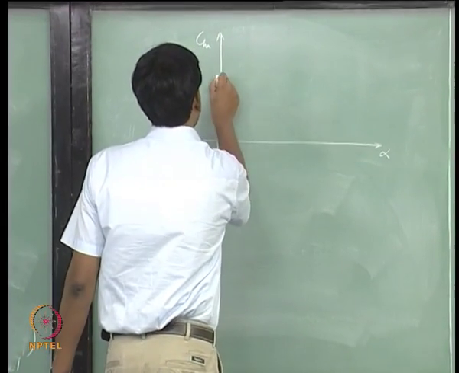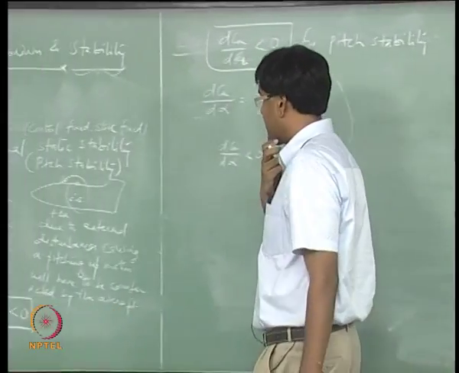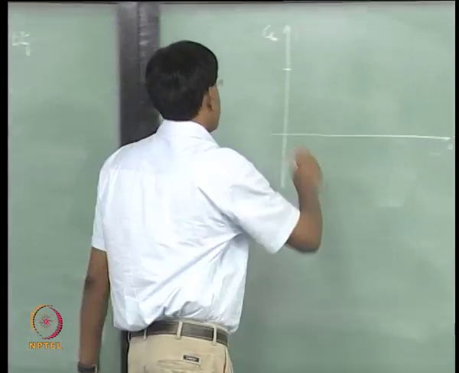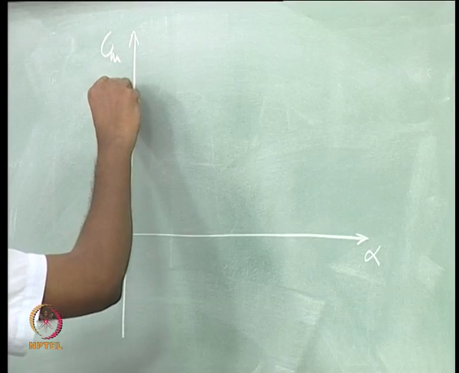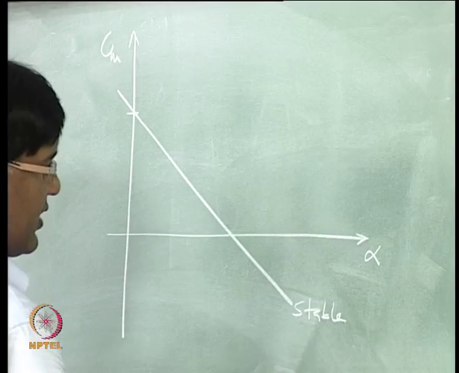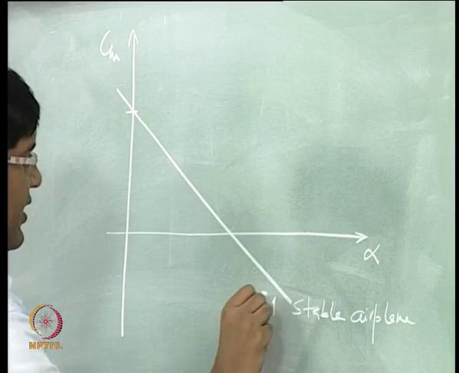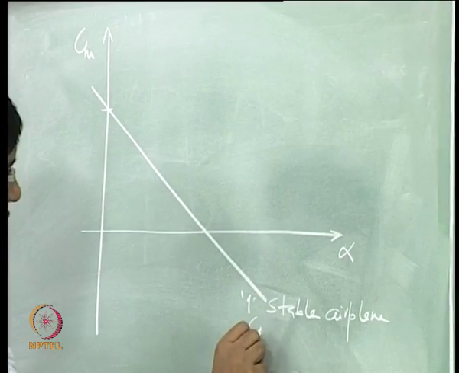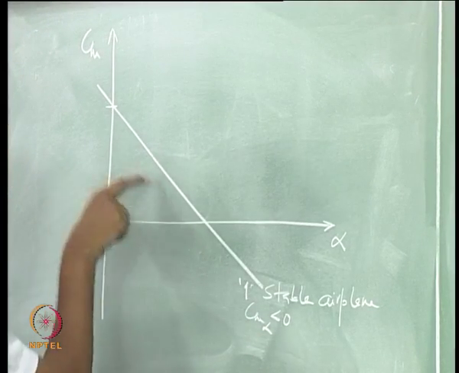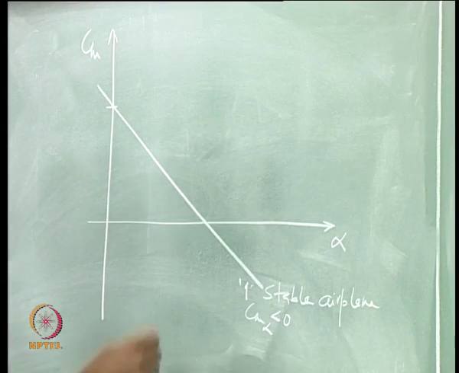So, clearly if we want our aircraft to possess stability in pitch, we should have a Cm versus alpha curve which looks like this. So, this is a stable case. An aircraft having a Cm alpha curve with a negative slope possesses static stability in pitch.